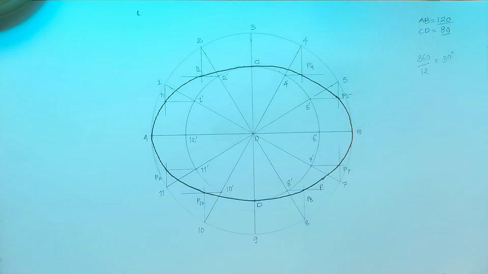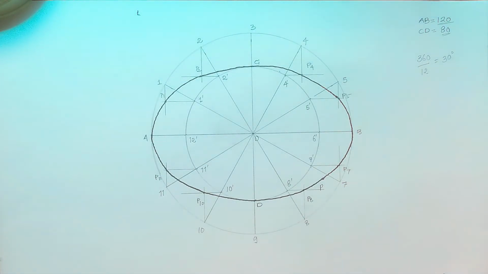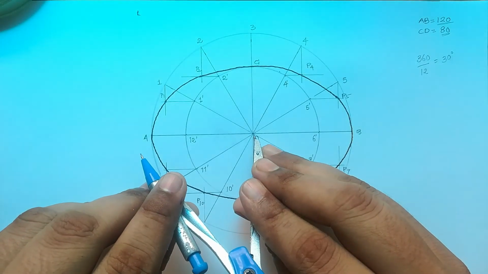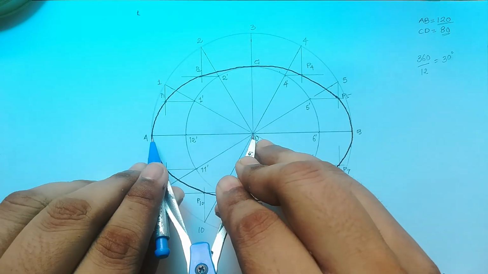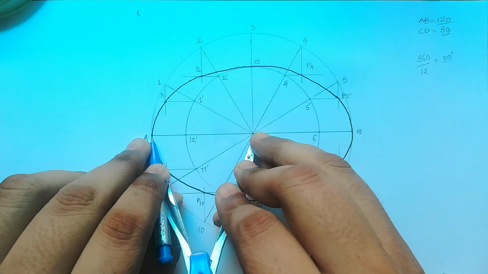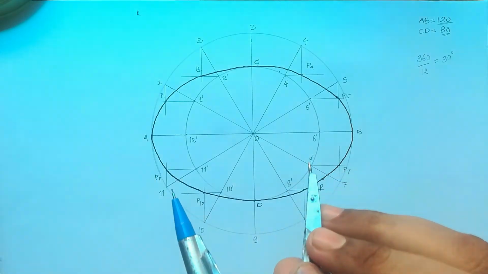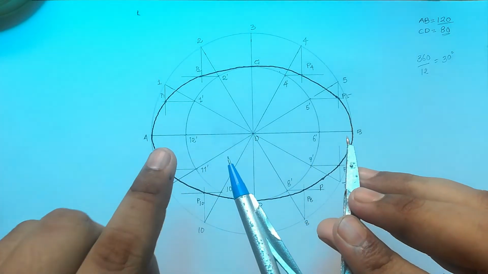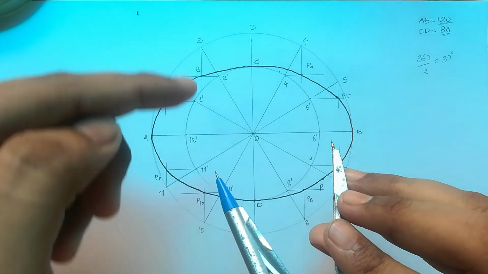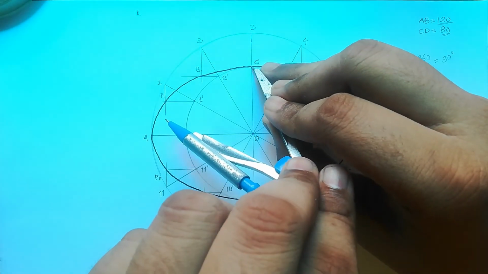For that, we need to identify the focus first. To identify the focus, we will use the characteristic of our ellipse, which says that half of the major axis, from the center point to the major axis end point, is equal to the distance from the focus to any end point of the minor axis. So I can take any end point of the minor axis.